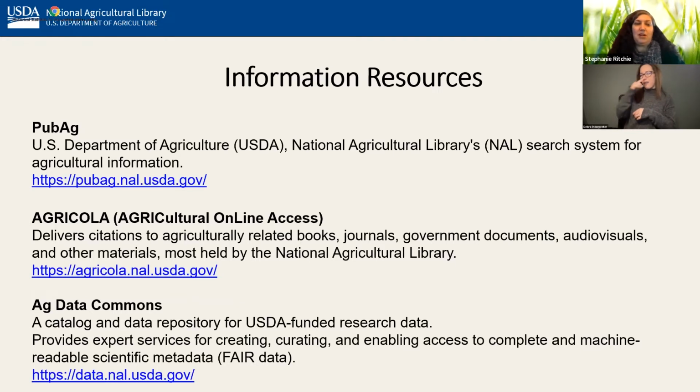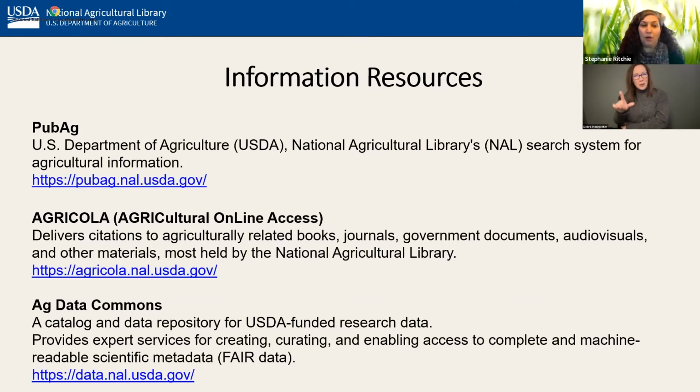The next thing I want to talk about is Agricola. So Agricola is a long-time database that we've created at the National Agricultural Library. Part of what Agricola does is share all the records for the materials in our collection, and we call that our catalog of materials. Many of you have used libraries and are familiar with catalogs.